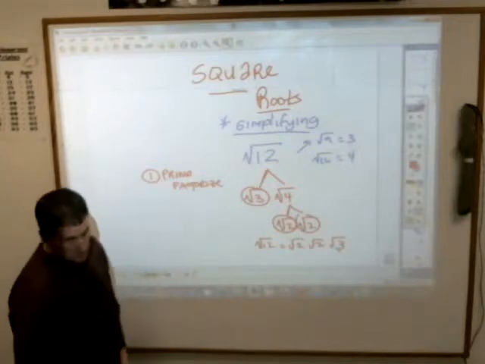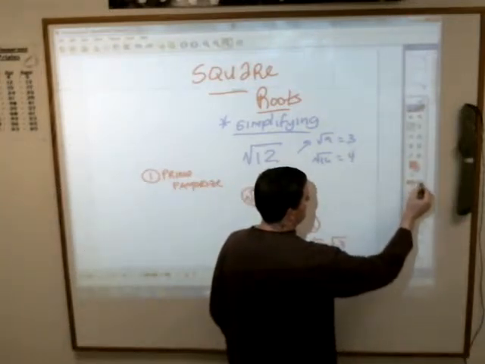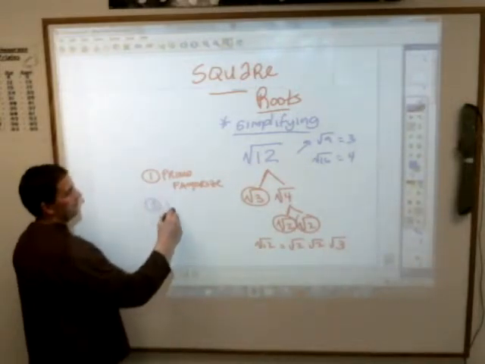Normal prime factorization. Now, what you are looking for is this. Your step number 2 is you are looking for pairs.